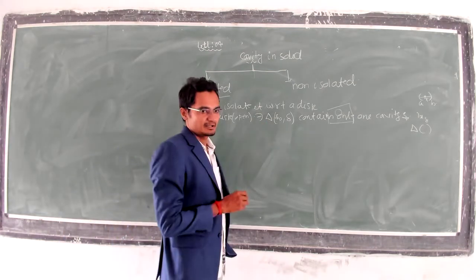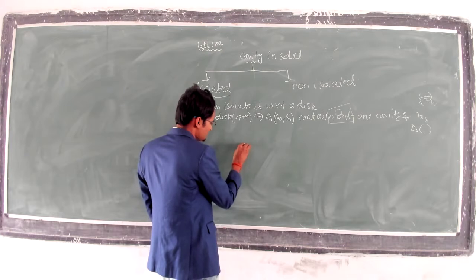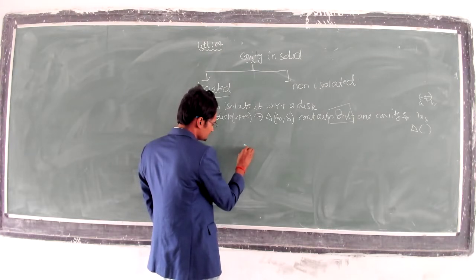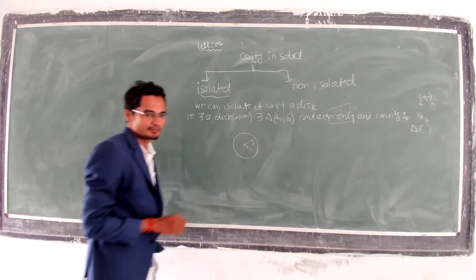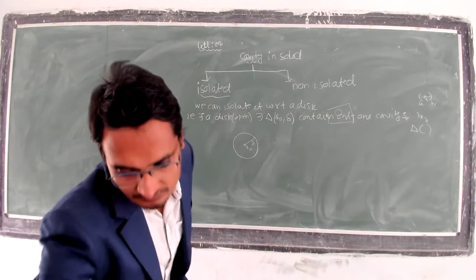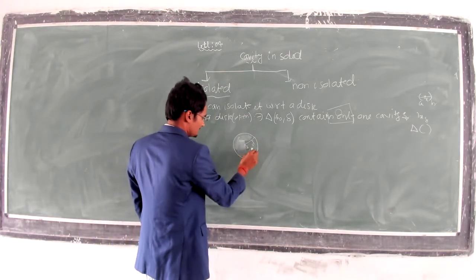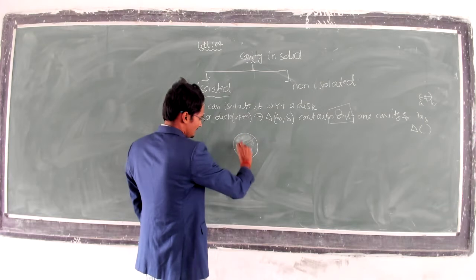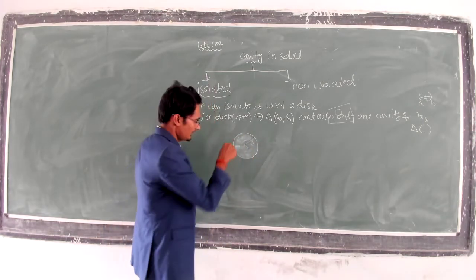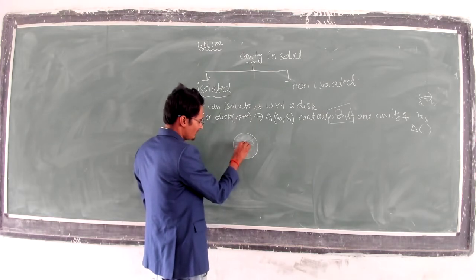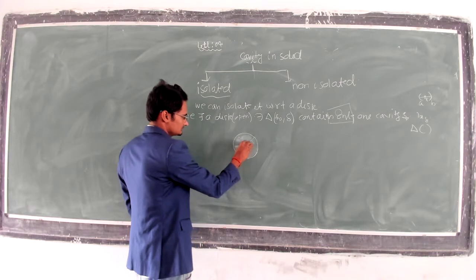What is the meaning? If you draw the diagram, suppose this is Z0, and this is the radius delta. It looks solid everywhere except the point Z0, alright?